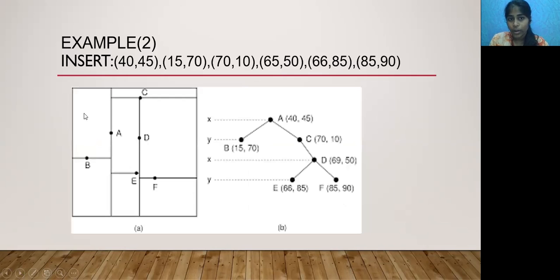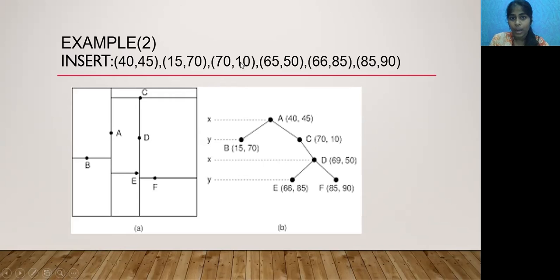And here is one more example, inserting these pairs into the k-dimensional tree. As we've seen before, let us take this as the parent node. Then 40,45 and 15,70. When we compare the x coordinate, 15 is less than 40, so it comes onto the left subtree.